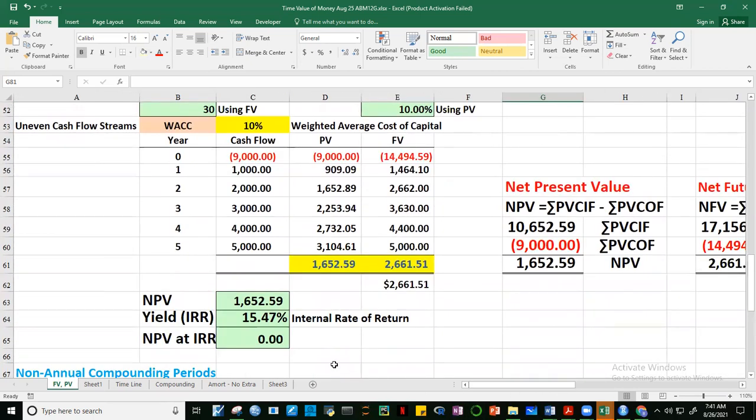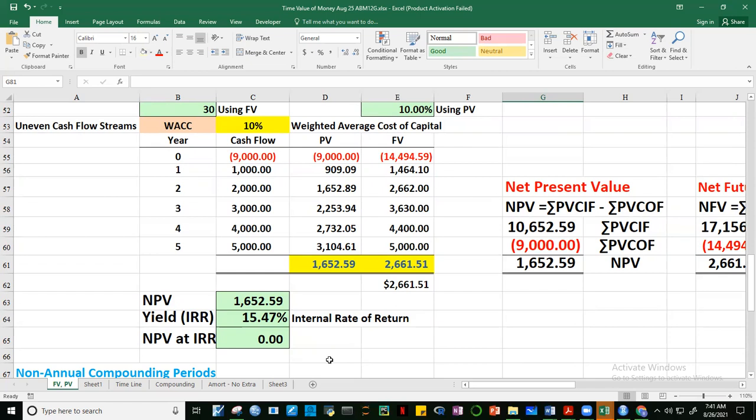And we also learned how to compute for the yield or the IRR. And the IRR, we compare with the weighted average cost of capital. And we said that the decision rule is that if the IRR is greater than the WACC, then the project is feasible. Also for the NPV or the NFV, if they're positive, then the project is okay.